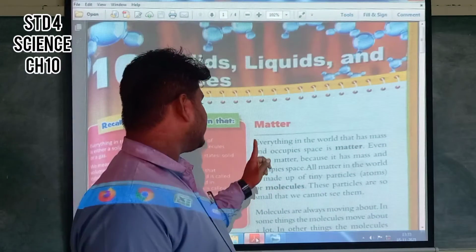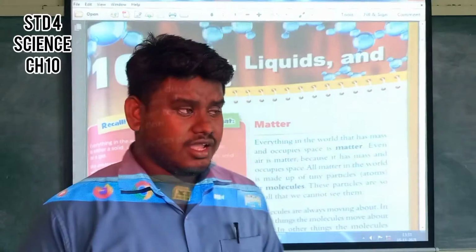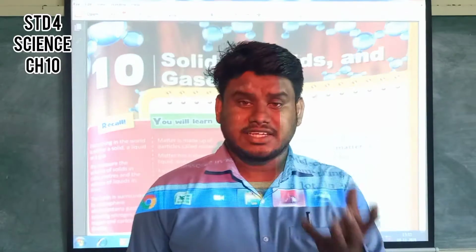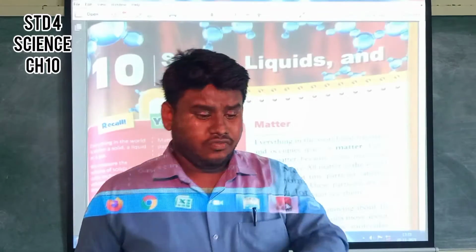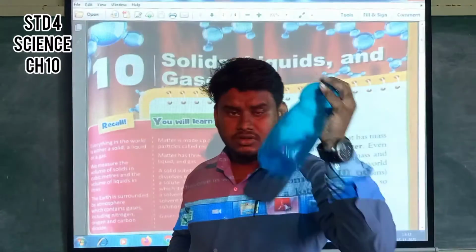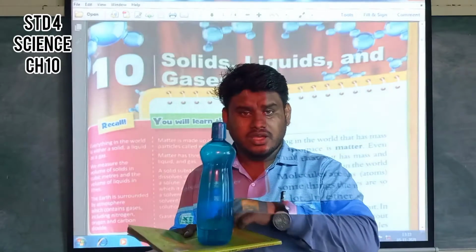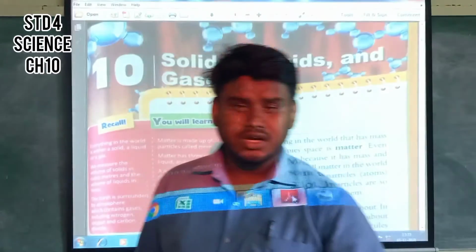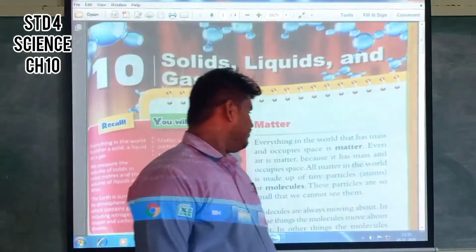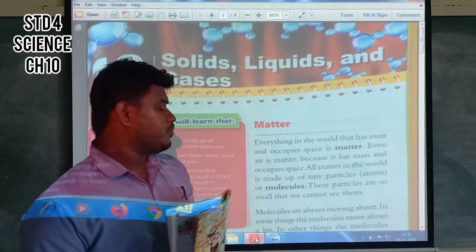Everything in the world that has mass and occupies space is known as matter. If I put a bottle on the wood, it occupies some space, and it also has some mass. So that is known as matter. Even air is matter because it has mass and occupies space.